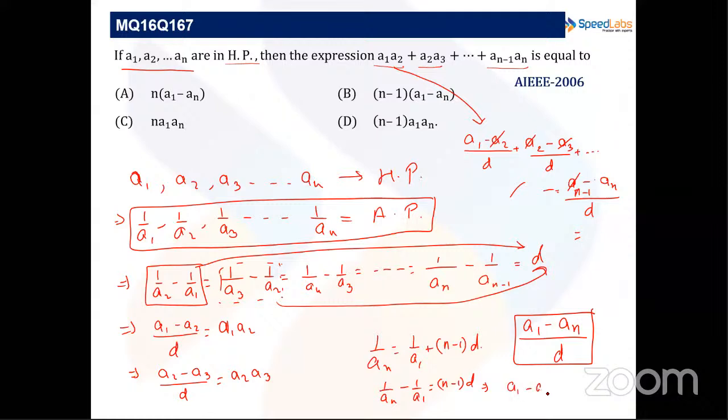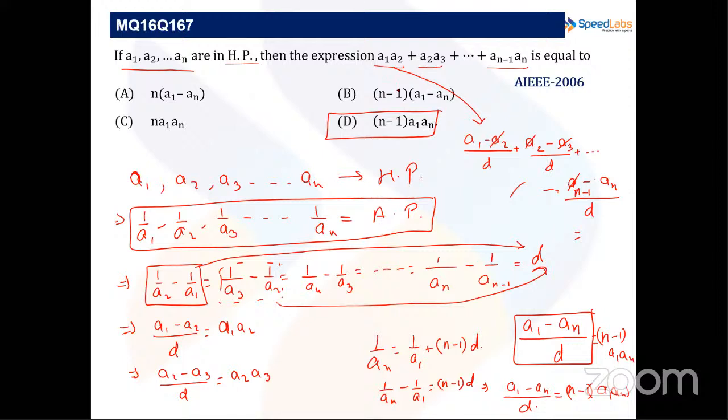So (a1 minus an) upon a1 an is equal to (n minus 1) into d. So a1 an will go this side and d will come this side. So this value is equal to (n minus 1) into a1 an. So the correct option we are getting here is D. Is it clear?